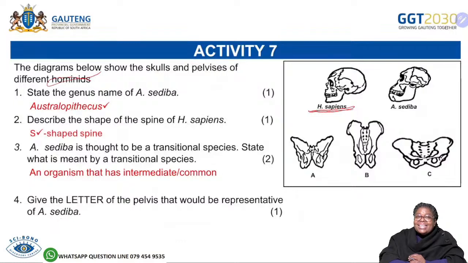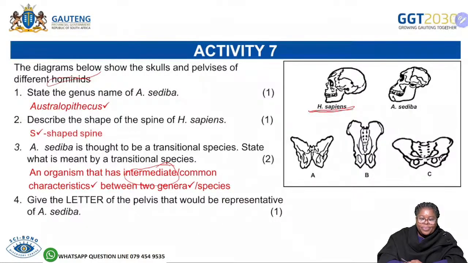What is a transitional species? State what is meant by a transitional species. It is an organism that has got what? Intermediate characteristics. Okay? Give the letter of the pelvis that would be representative of A. sediba.